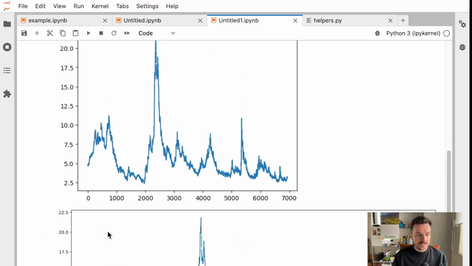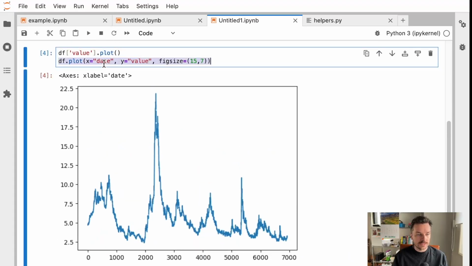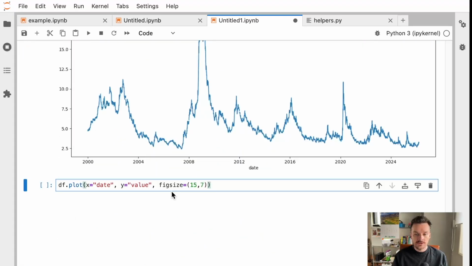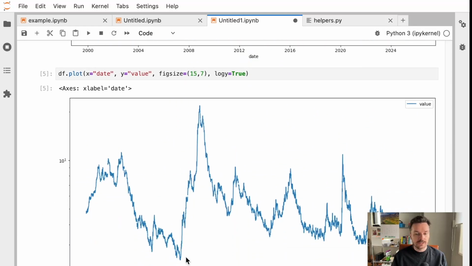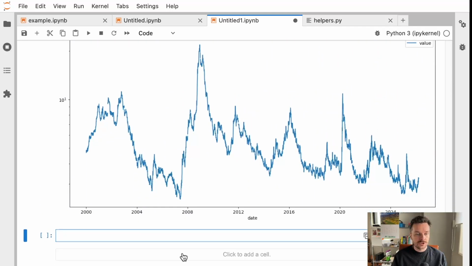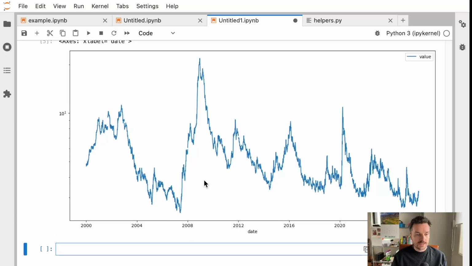A very simple way to make this a little bit better is to make this a log graph. That's going to at least even it out a little bit, and show things scaled correctly in terms of magnitude.